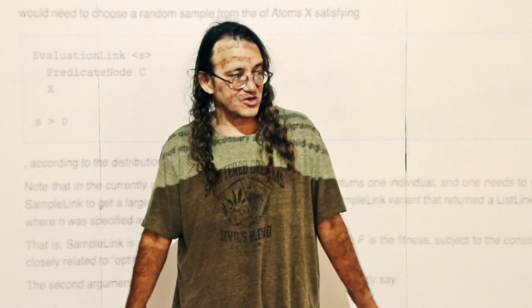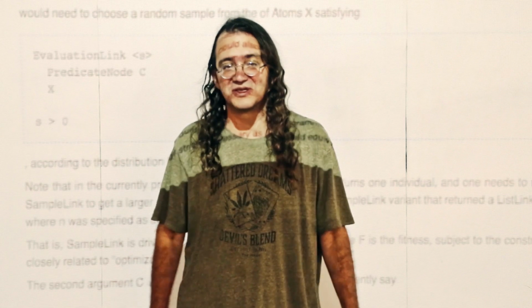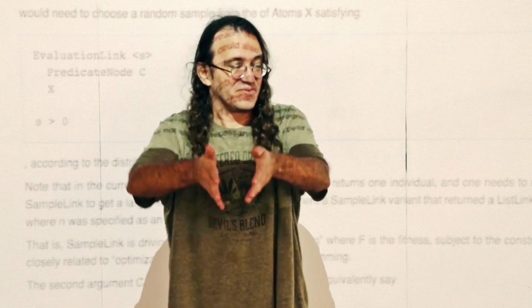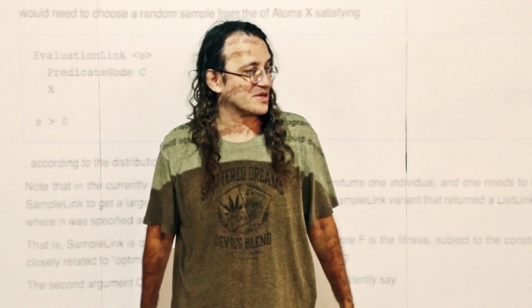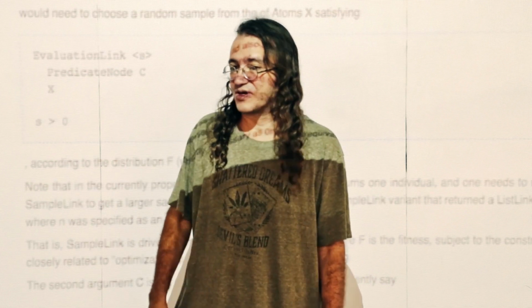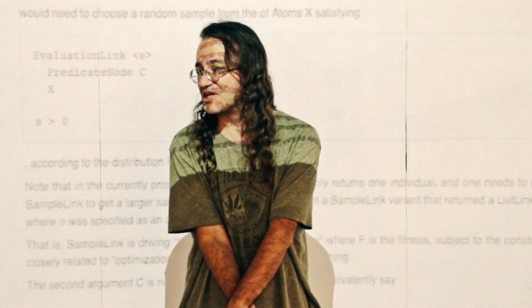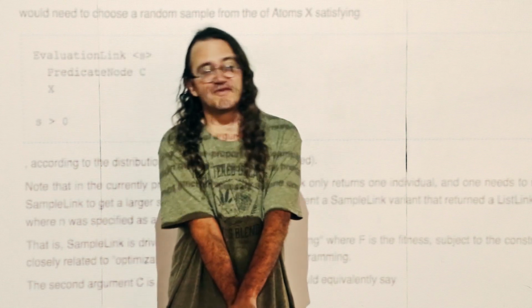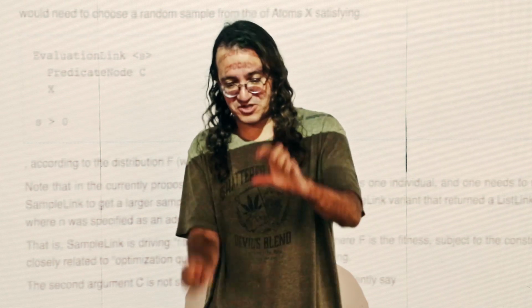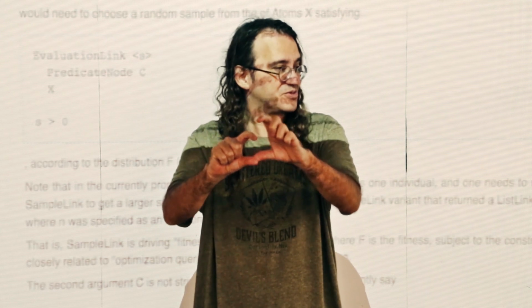You're trying to do sort of fitness proportionate sampling, sampling things from a distribution with a probability proportional to how good the thing is. As in a genetic algorithm, where you have a fitness function and you're trying to grab genotypes with a probability proportional to their fitness. When I thought about it, it seemed like a lot of OpenCog's algorithms could be cast as a simple wrapper around some fitness proportionate sampling from some distribution.